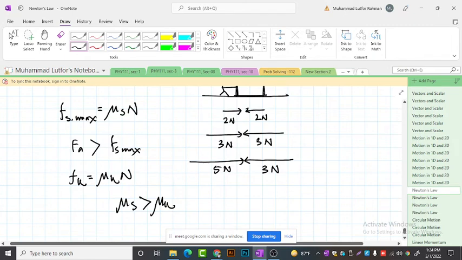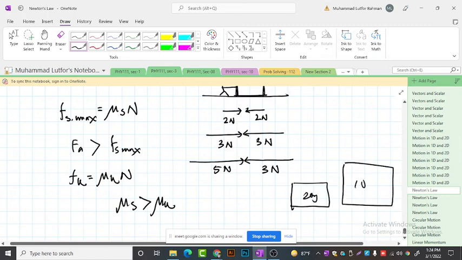Coefficient of static friction is always greater than coefficient of kinetic friction, and these coefficients are also independent of the mass, because it's a material property. Say you have a block of 2 kg or the same block of 10 kg, they have the same coefficient of static and kinetic friction, they are the same material.